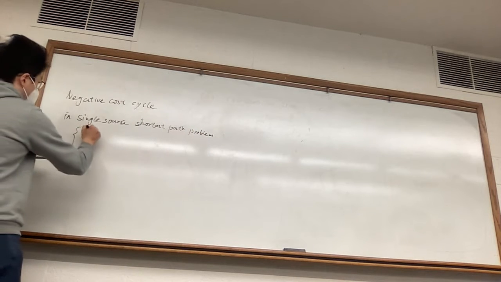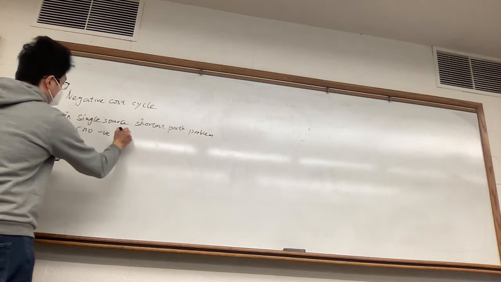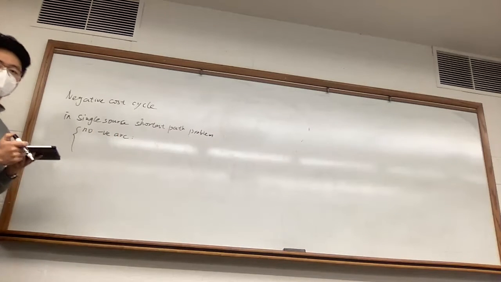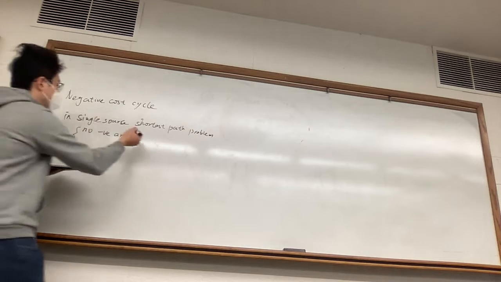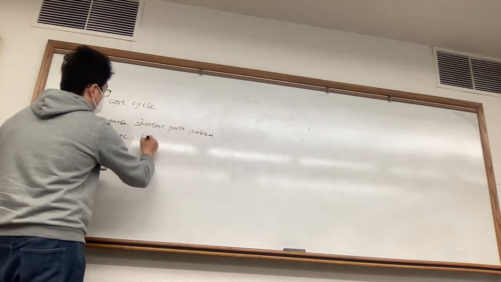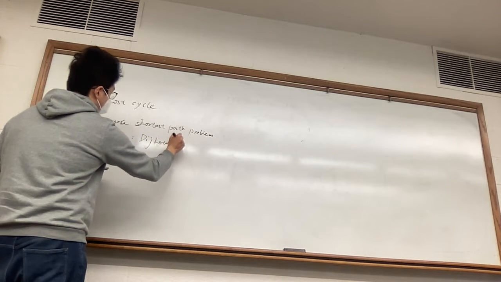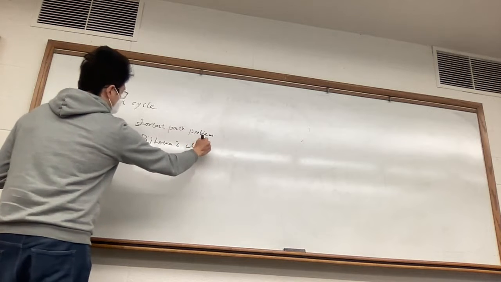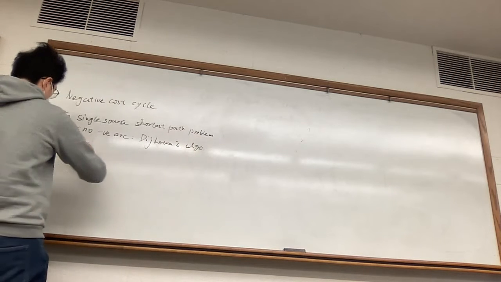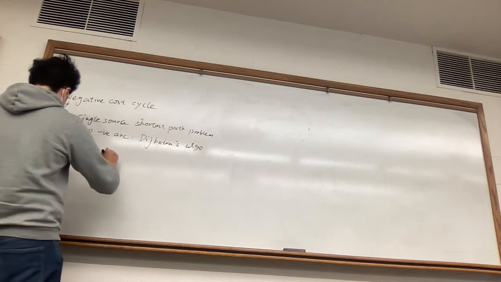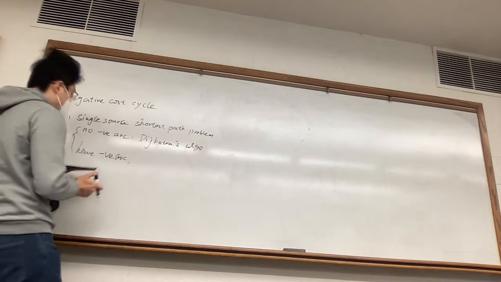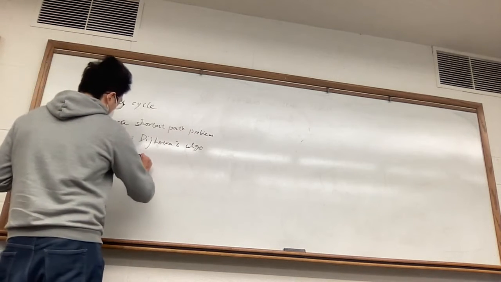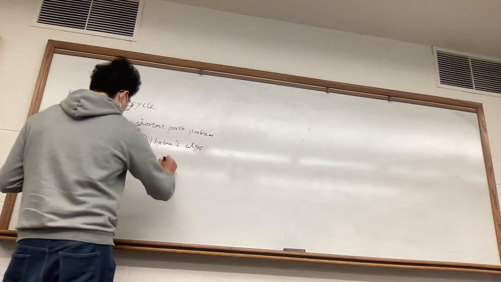So if there's no negative arc, what algorithm should you adopt? If there's no negative arc, then you need to use Dijkstra algorithm. And if you have a negative arc, but I think in the lecture slides, you are also told that there should be no negative cycle.